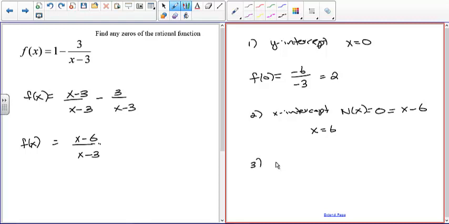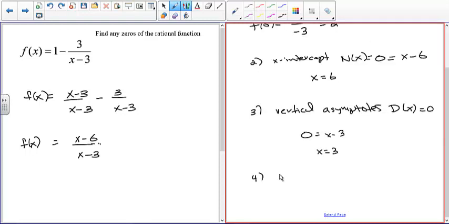Then the vertical asymptotes. That's where you set the denominator equal to 0. In this case, the denominator is x minus 3, so you get x equals 3 as the vertical asymptote.